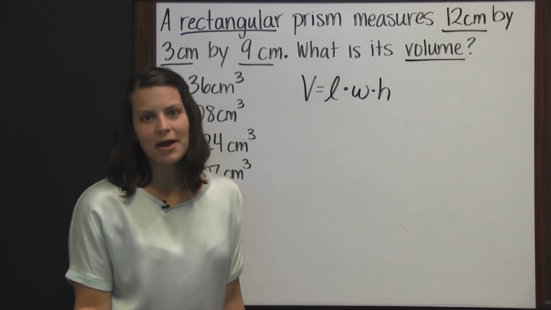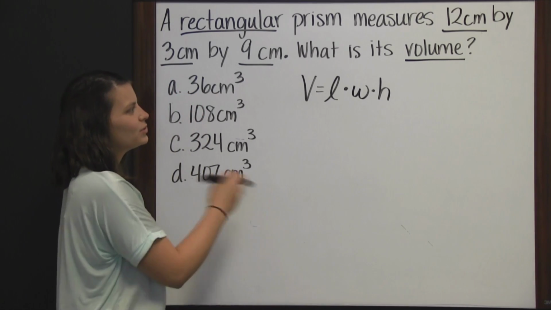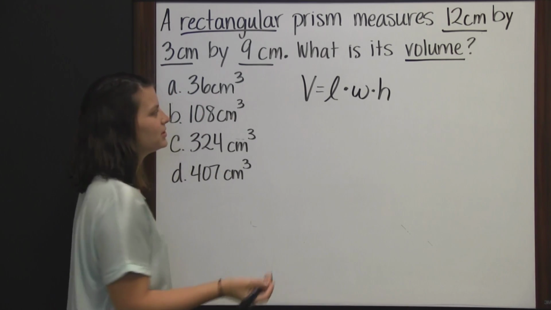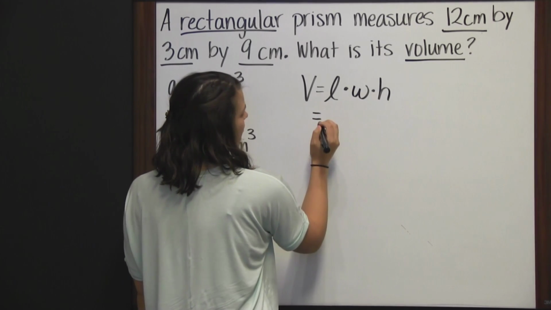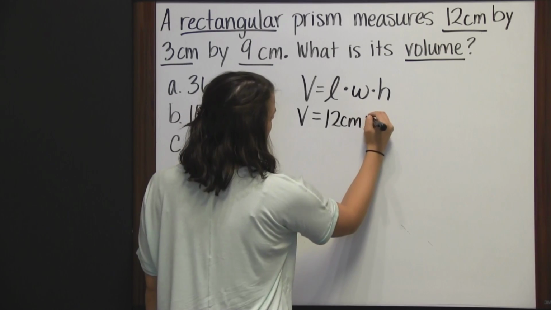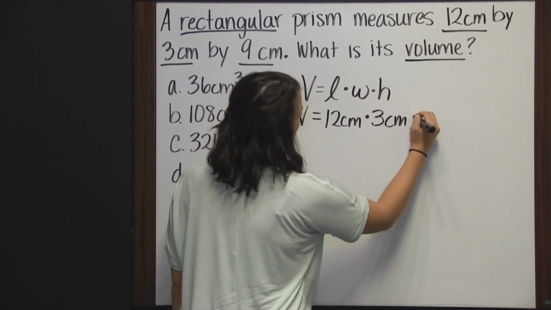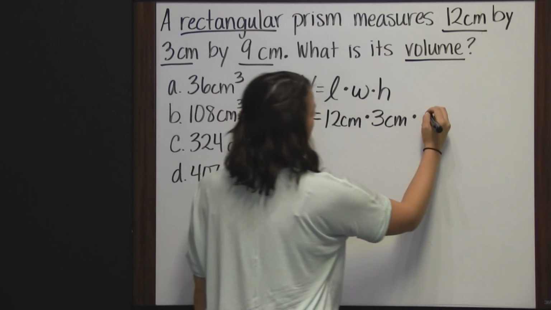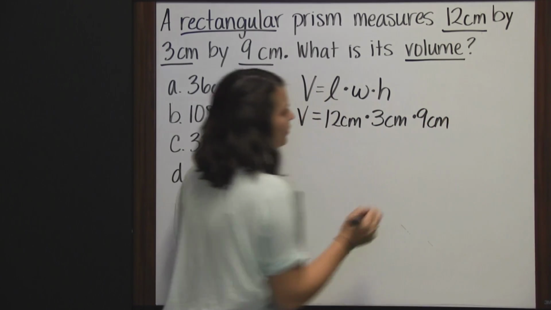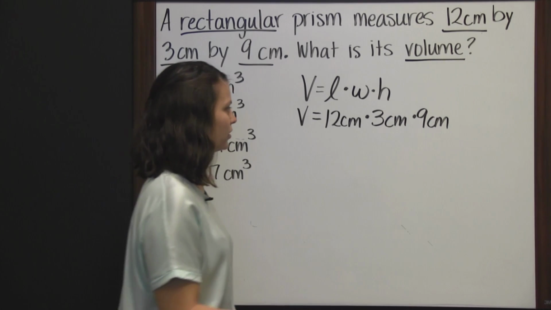And really it doesn't matter which one is the length, which one's the width, and which one's the height, since we're just going to multiply those three numbers together anyway. So the volume is 12 centimeters times 3 centimeters times 9 centimeters.